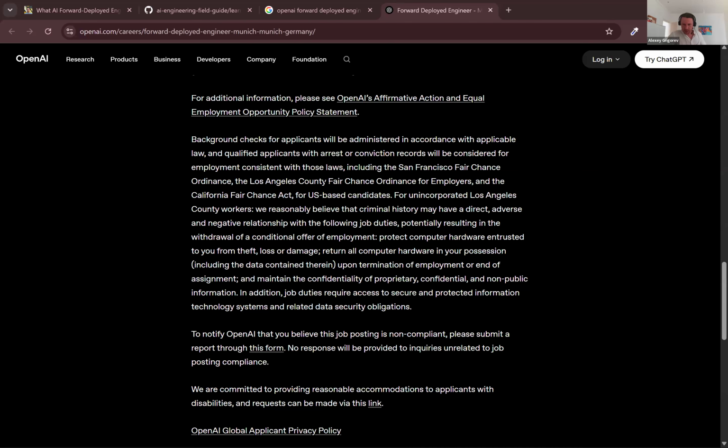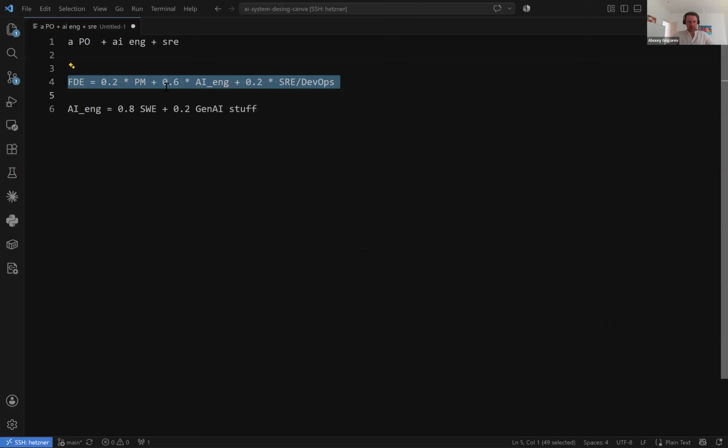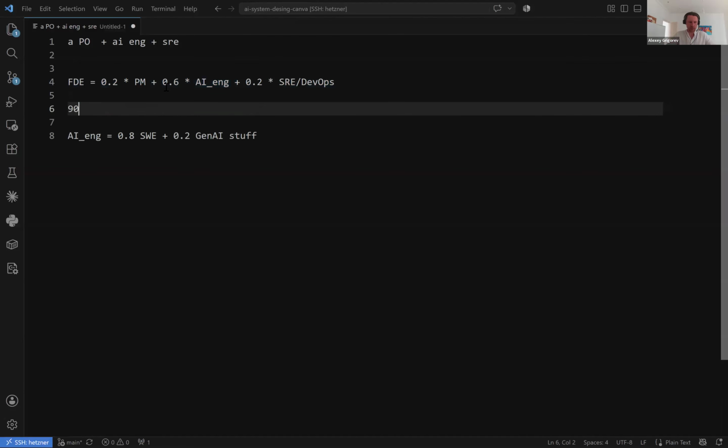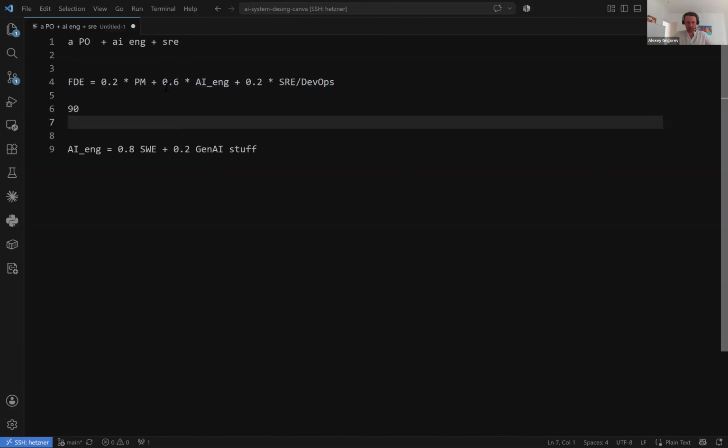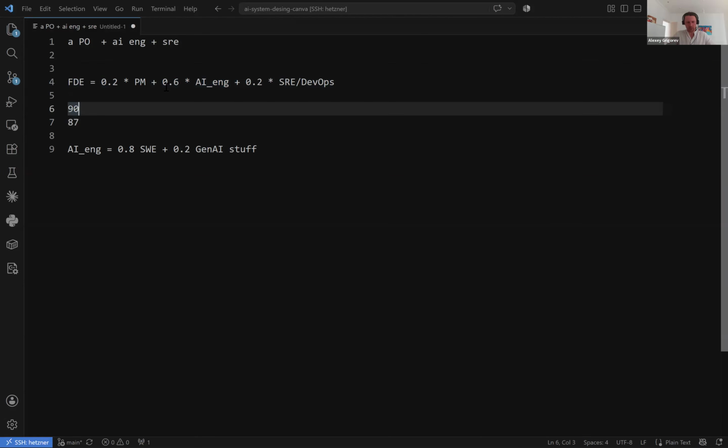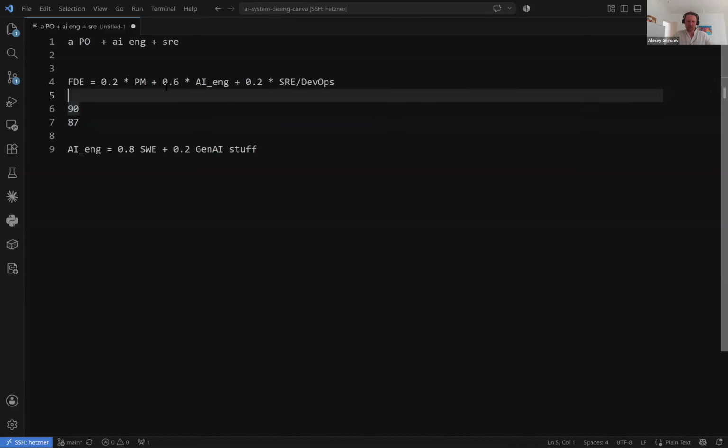What is the split between technical versus business domain experience that FDEs typically have? I think we kind of discussed it. I don't know if these numbers are correct, these numbers just came up on the spot, and it can vary from company to company. We saw that 90% of them are required to work with the customer and like 87% do production stuff. So I would expect it's kind of 50-50 maybe.